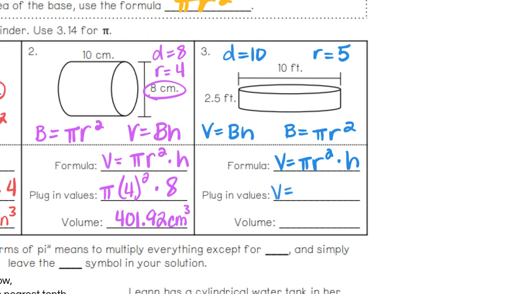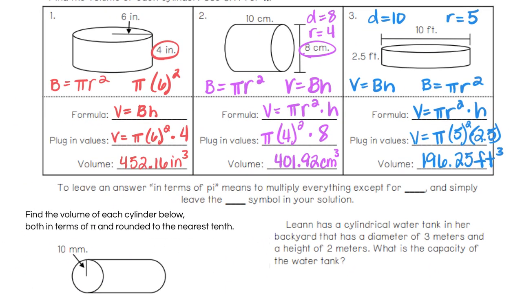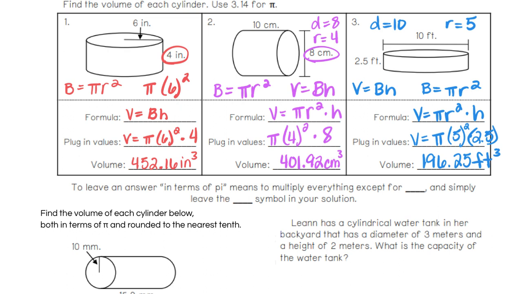So volume equals pi times, in this case, a radius of 5 squared times 2.5. And I'm going to put that in parentheses. So the volume I got was 196.25 feet cubed. Which of these three cylinders would take up the most volume? I believe it would be number 1, because it has the largest volume.